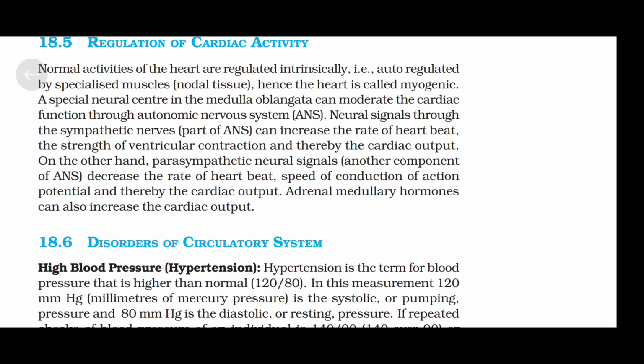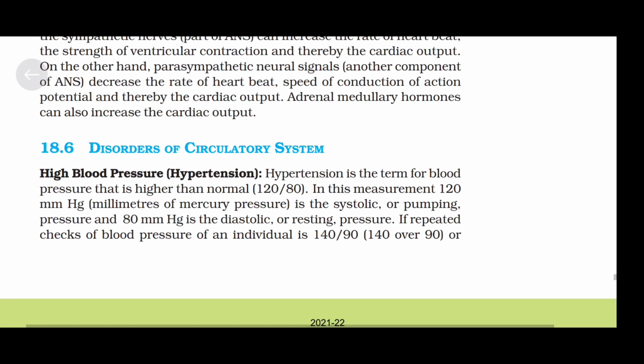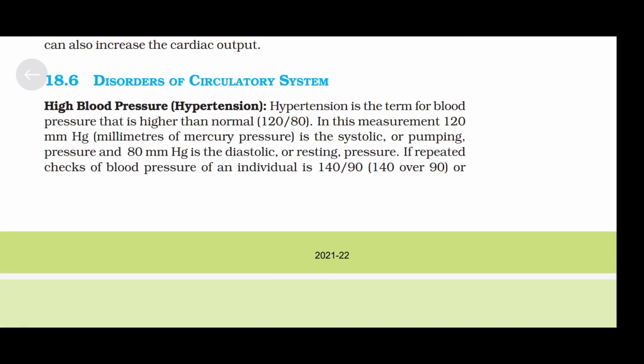Disorders of circulatory system. High blood pressure, hypertension. Hypertension is the term for blood pressure that is higher than normal, 120 by 80. In this measurement, 120 mm of Hg, millimeters of mercury pressure, is the systolic or pumping pressure, and 80 mm Hg is the diastolic or resting pressure.